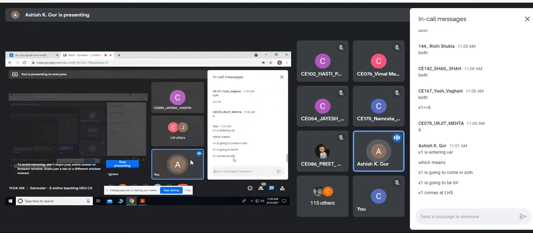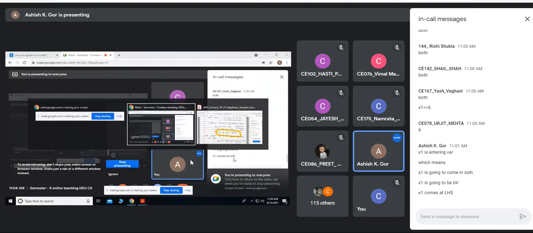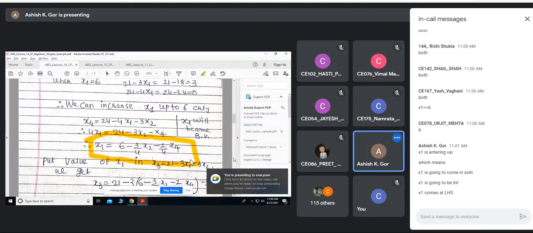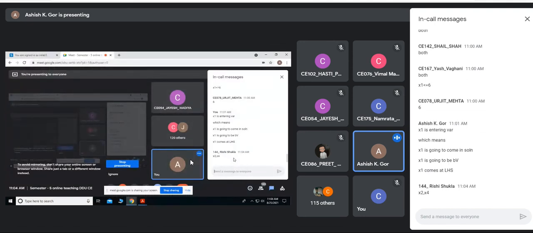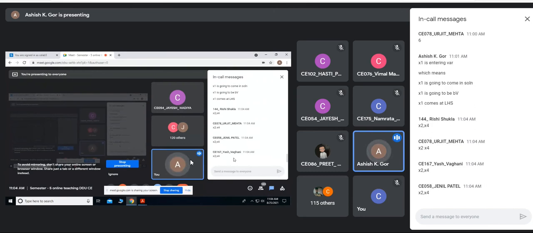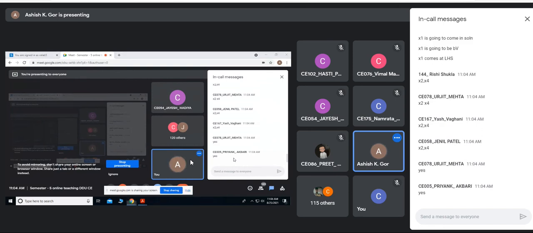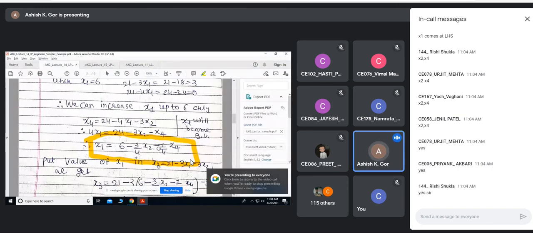Can you tell me what are the non-basic from the equation? Anyone? x2, x4? Yes, Rishi is correct. Others? Do you agree? Yes. x2, x4 is the correct answer. All of you agree with this? Yes. So x2, x4 are the non-basic.